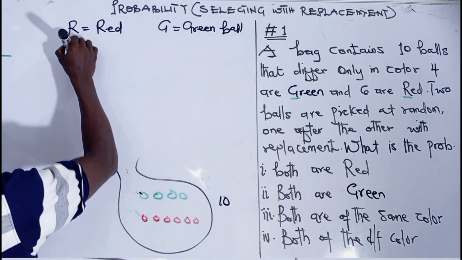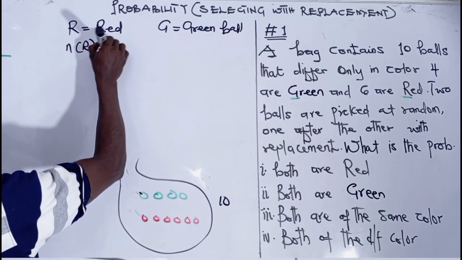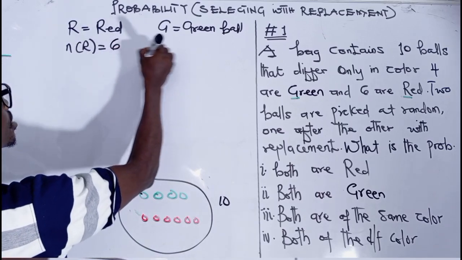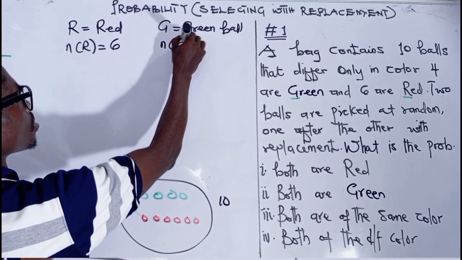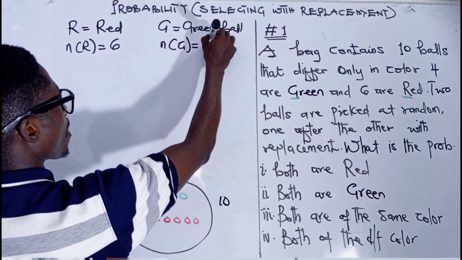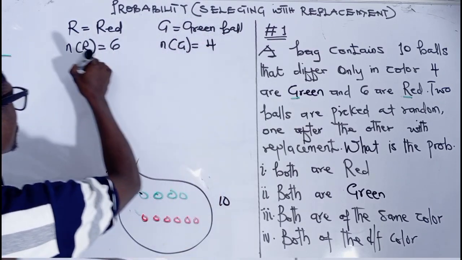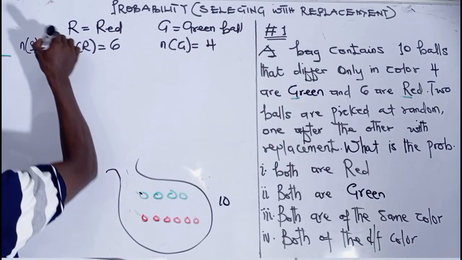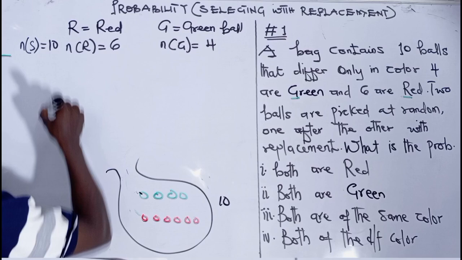So we have the number of red marbles in the bag, 6, and the number of green marbles or green balls in the bag, 4. And then our number of marbles in the bag, that is the sample space, we have 10.